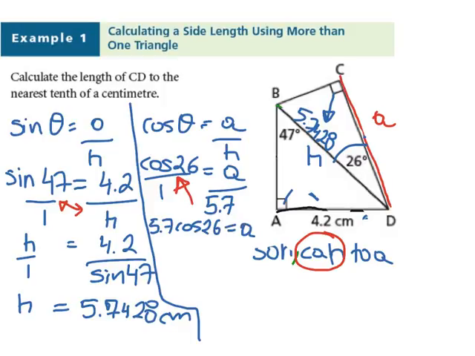I'll use red because I've drawn line segment CD as red. When you plug this in your calculator, make sure you're in degree mode, we get A, or line segment CD, of 5.2 centimeters. And this is your final answer.